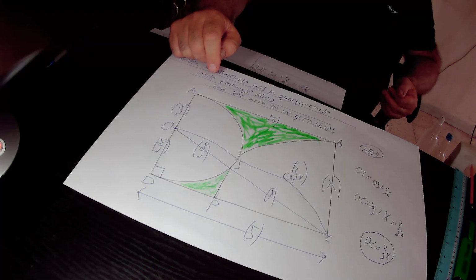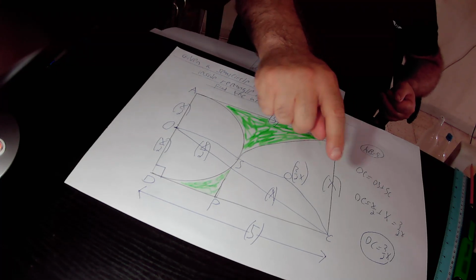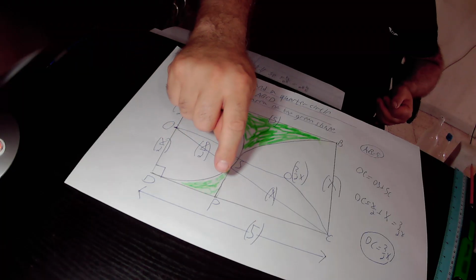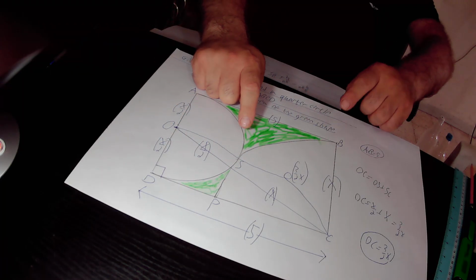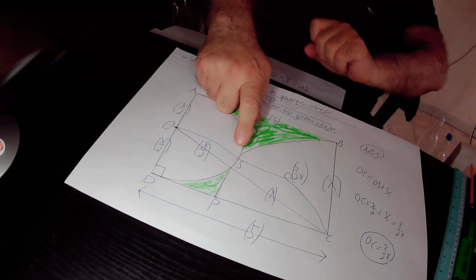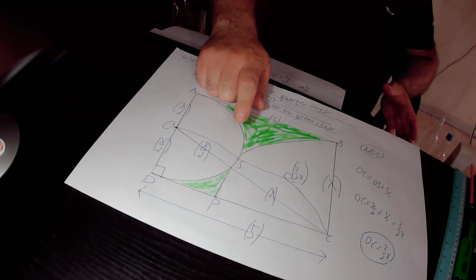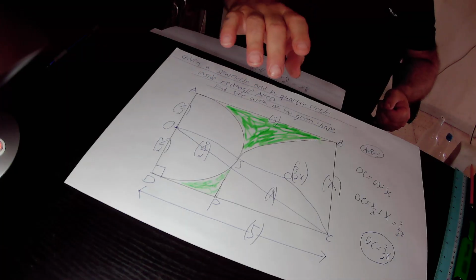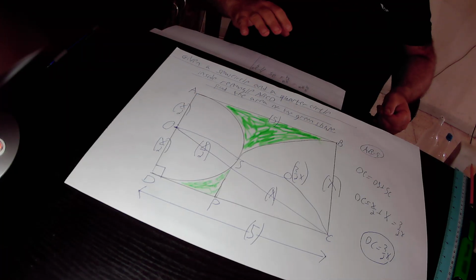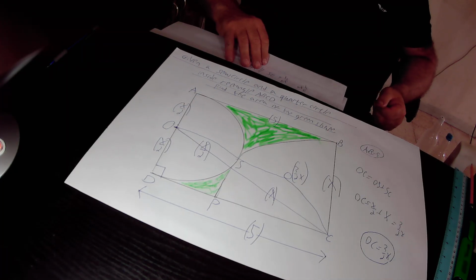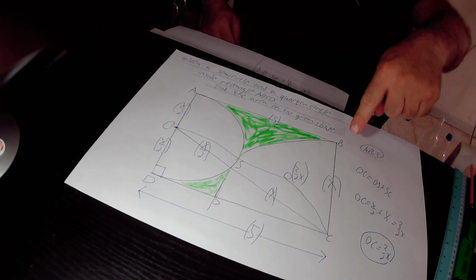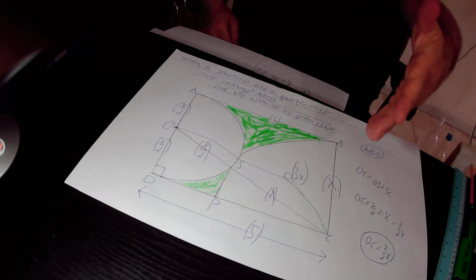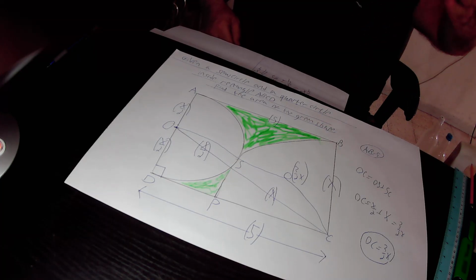In addition, inside this rectangle ABCD, we have this semicircle and this quarter circle. The semicircle touches the quarter circle at this point S. Again, our mission is to find the area of this green shape. So first of all, we define the radius of this quarter circle as x. Therefore, BC, the radius of the quarter circle, equals x according to our definition.